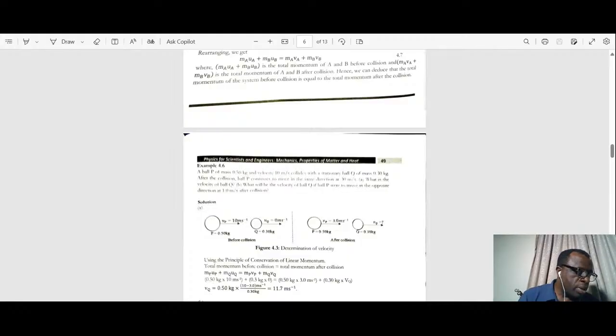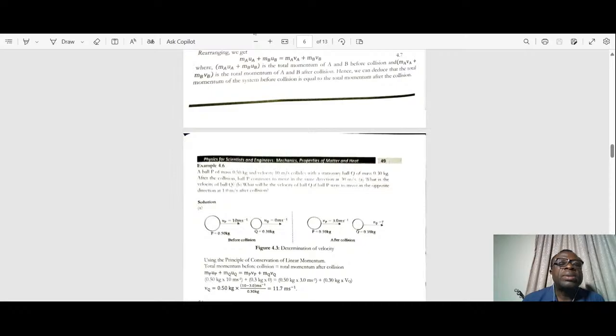A ball P of mass 0.5 kg and a velocity of 10 meters per second collides with a stationary ball Q of mass 0.3 kg. After the collision, ball P continued to move in the same direction at 30 meters per second. A. What is the velocity of ball Q? B. What will be the velocity of ball Q if ball P were to move in the opposite direction at 1 meter per second after collision?